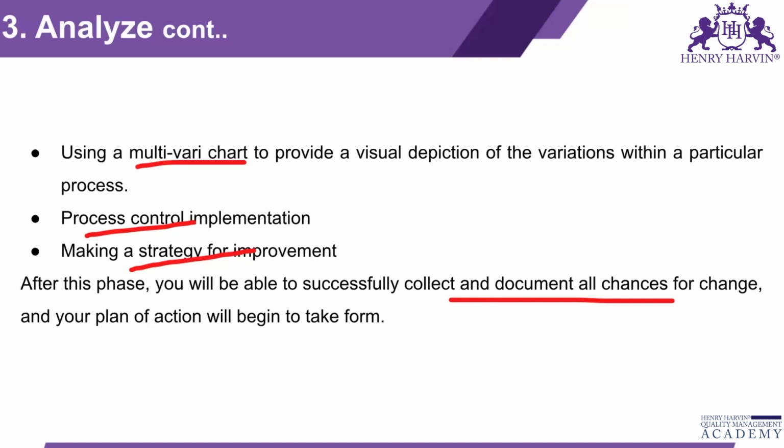After this phase, we collect all the documents and changes, and there are chances of changing your plan as well. If the initiative we took is not as accurate as the current process, then we can take a U-turn from here. That means we will not proceed to the next phase. If there is a chance of risk or failure, then at analyze we will stop. Clear?